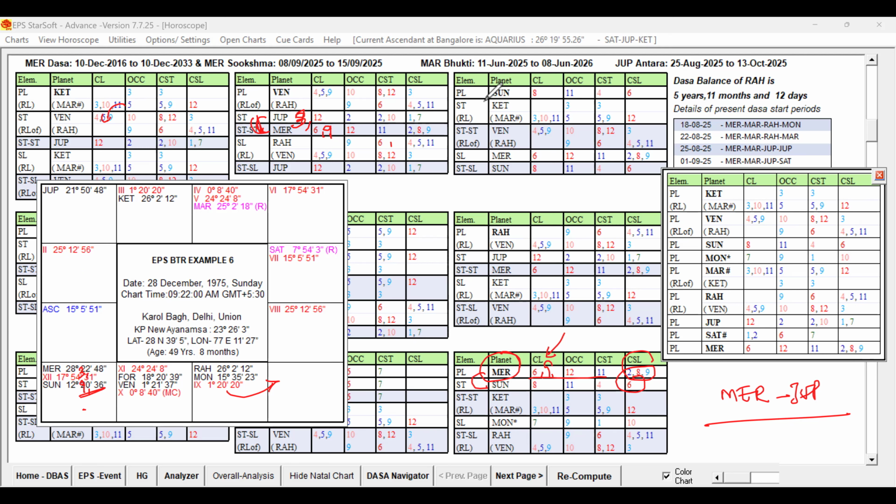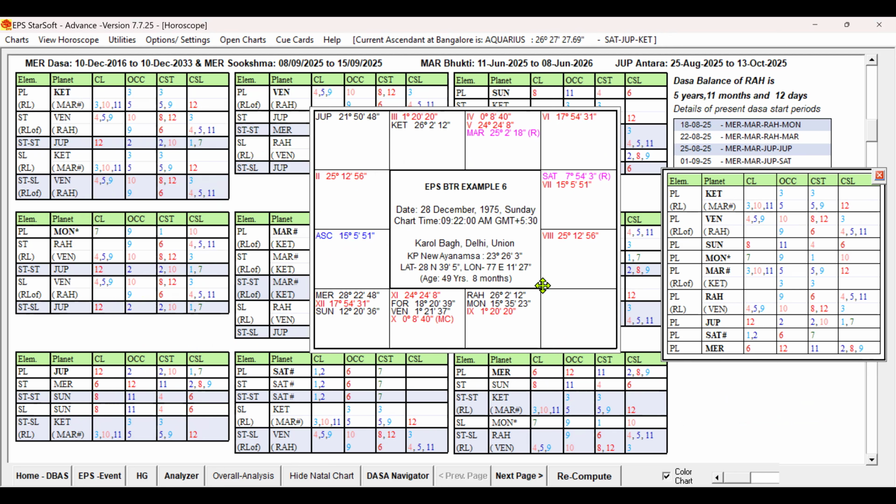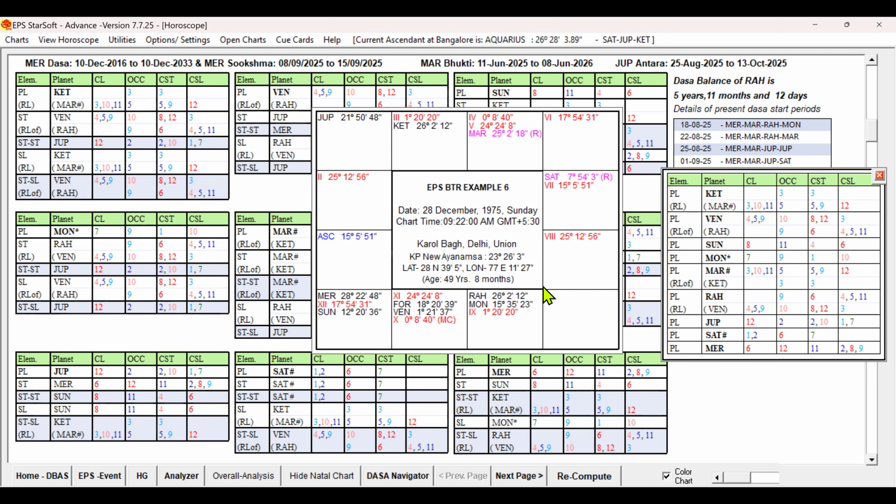Because of that, we should not just confirm like that that the ninth cusp has to be moved to Virgo. We have to see that by adjusting the birth time, Mercury is losing its unfavorable strength and some favorable strength is added. But we have to see that the supporting planets, and also other Bhuktis, should not be stronger than this Mercury.